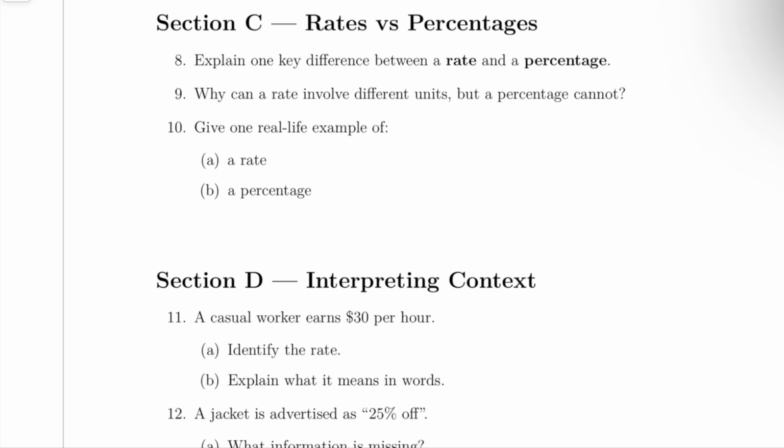Section C, rates versus percentages. Explain one key difference between a rate and a percentage. So keyword for rate is comparing.